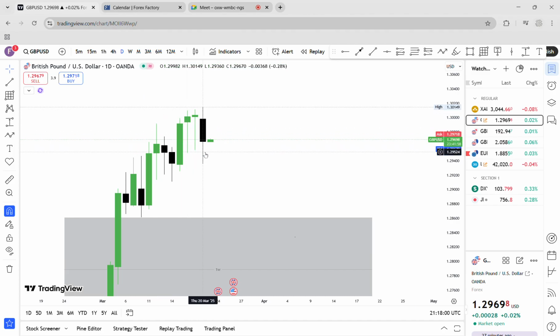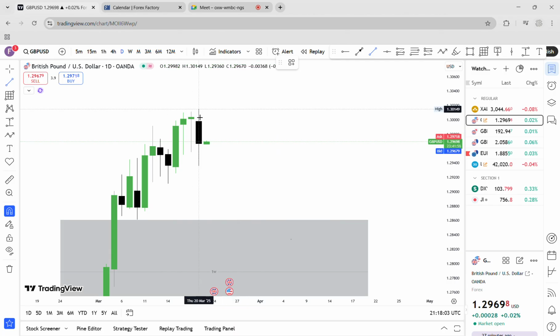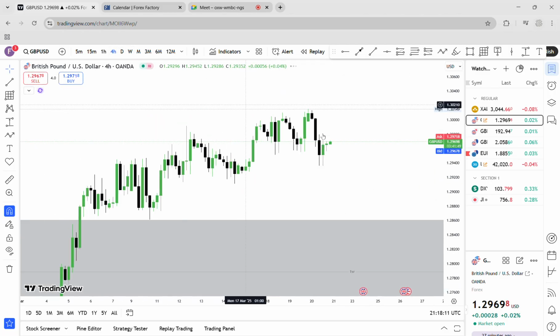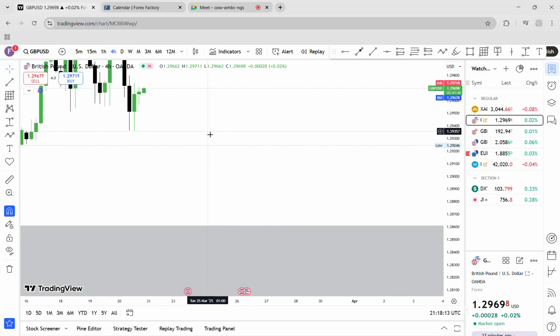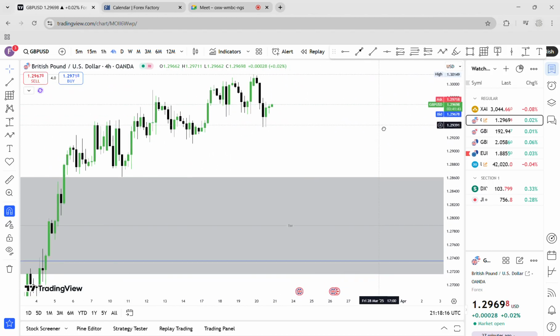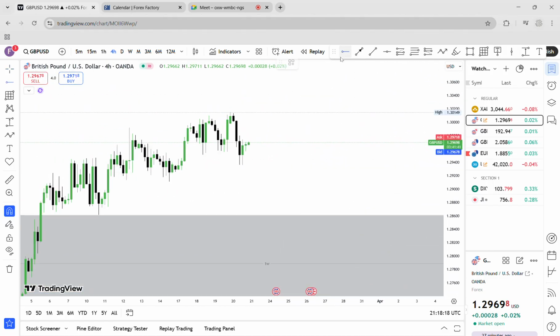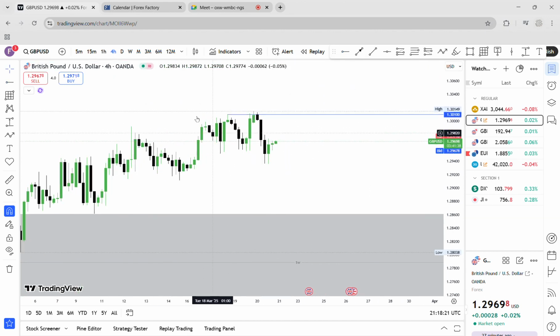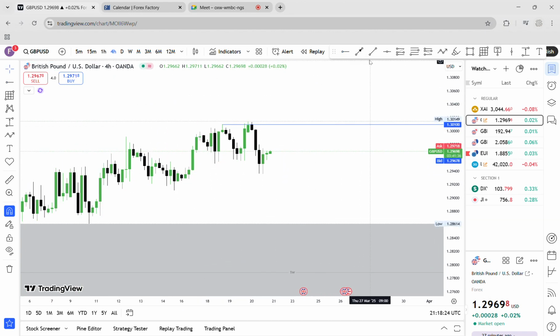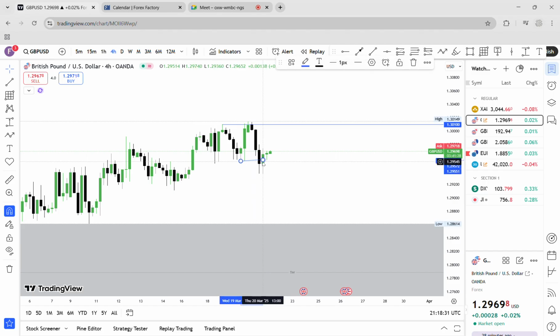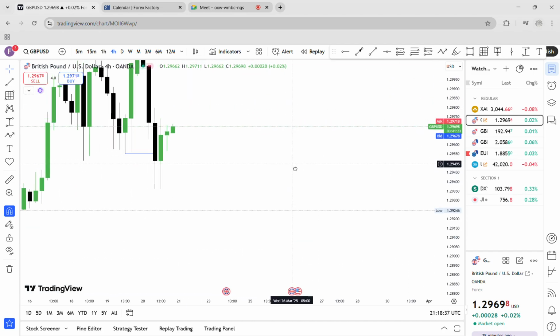Now price will return back to this area. So I was expecting price could probably go higher, but with these candles, we don't know what is going to happen until tomorrow. But on the 4 hour time frame, what we can see is that price took out a high and closed below this low. This is the 4 hour time frame. We have a level right here.